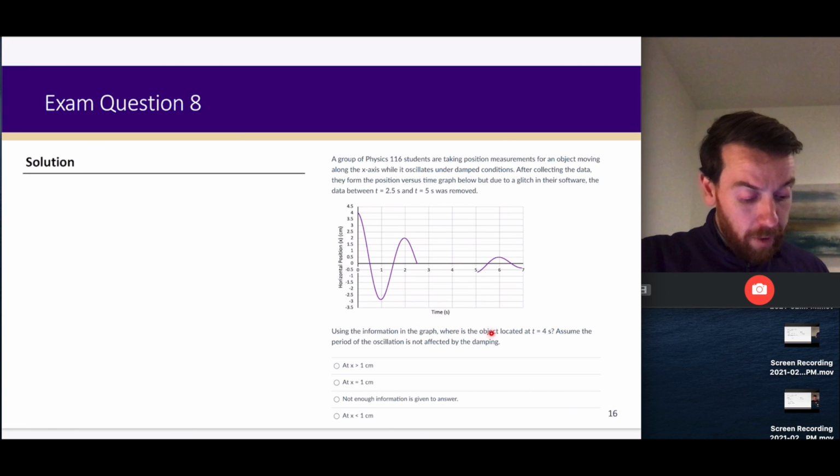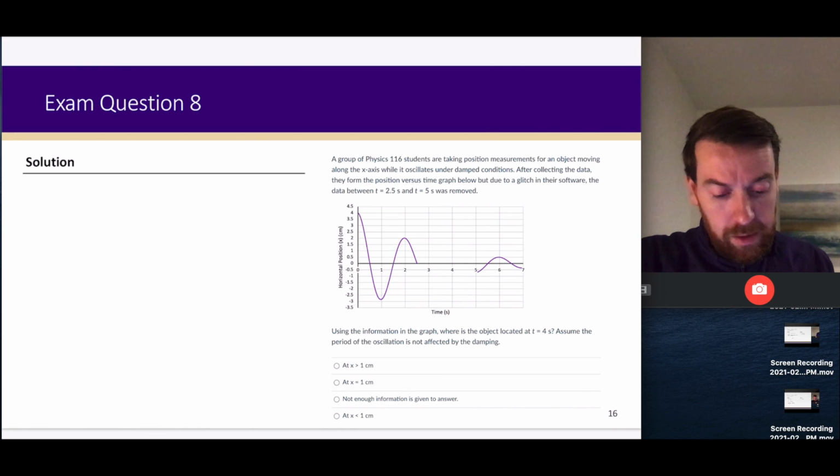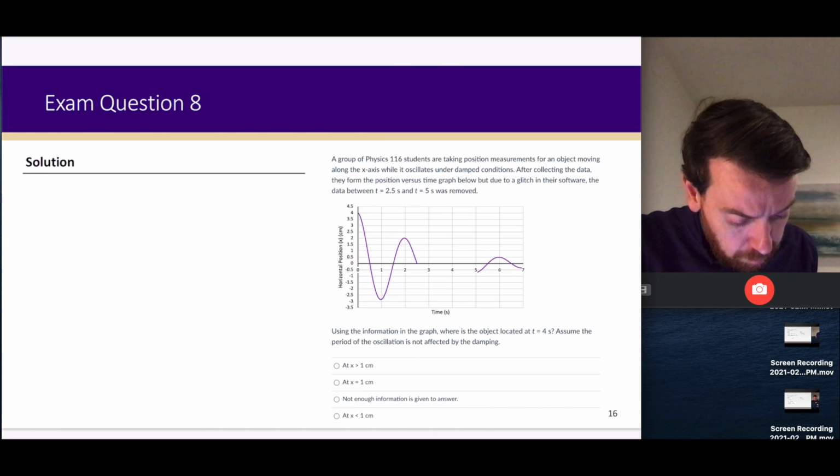Using the information in the graph, where is the object located at t equals 4 seconds? Assume the period of the oscillation is not affected by the damping. So we can see that the period is 2 seconds, measuring peak to peak here.